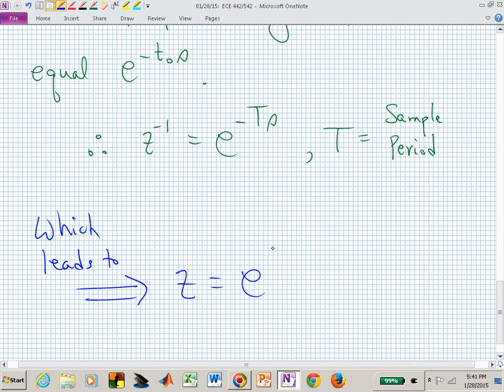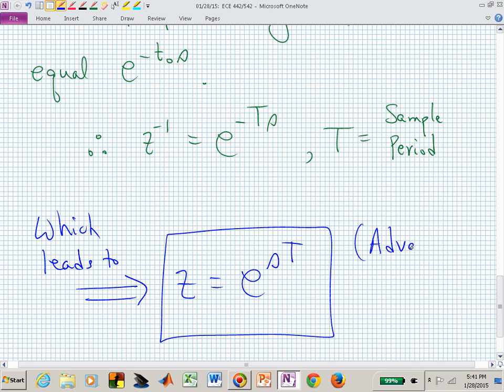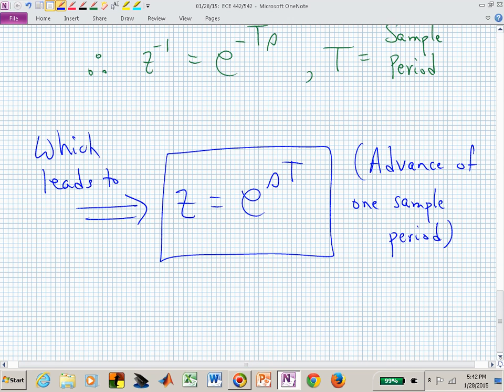This is now e to the Ts or e to the sT, and I'll probably use e to the sT because we will be replacing s with some location in the complex s-plane, meaning an advance of one sample period, which is really just this complex variable z, corresponds to e to the sT, an advance of capital T units of time in the s domain.